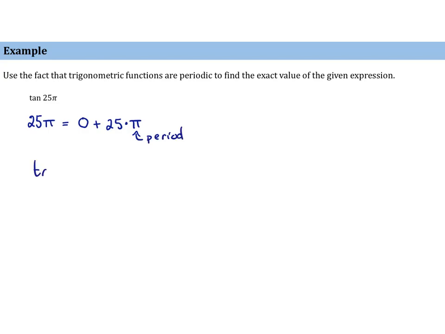So the tangent of 25 pi is the tangent of 0 plus 25 times the period. Well, that means all those additional periods just land us back at the tangent of 0. And the tangent of 0, that's a quadrantal angle that we should have memorized, is 0.